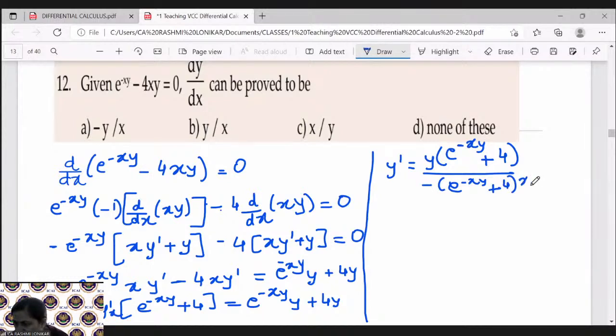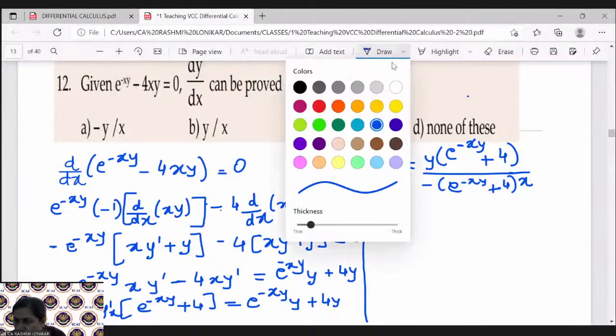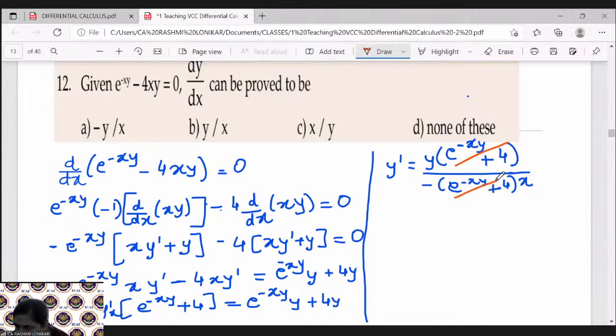Because here I also have x common. So I have taken x, y dash common outside. So it is e raised to minus xy plus 4. And here also, you can see that this term and this term will get cancelled out. So I have minus y by x. So y dash is equal to minus y by x. So A will be the correct answer.